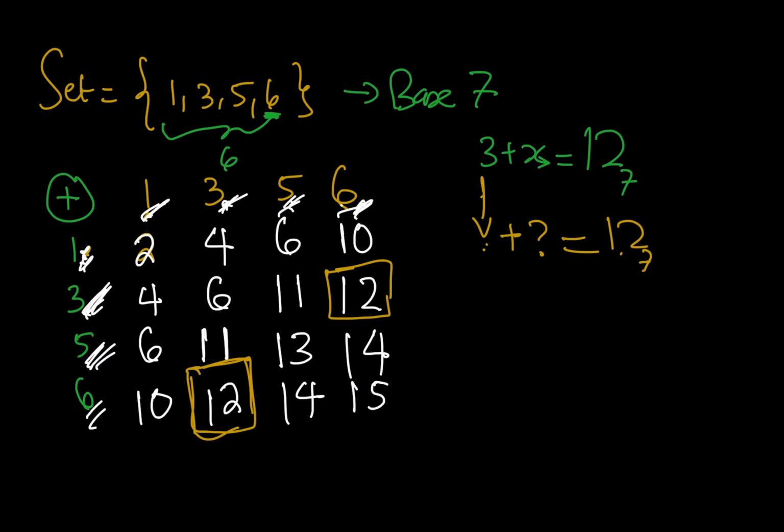But the question says 3 plus something. So this line here is where we find the 3 plus the something. But over here is 6. So it cannot be that, because 6 is not what we are looking for. We are saying that 3 plus something will give you 12 base 7, and it's 3 plus what?